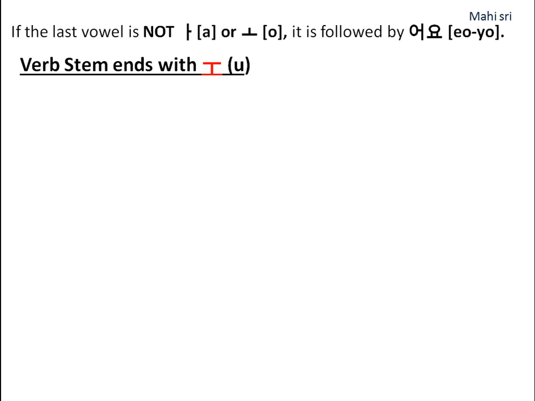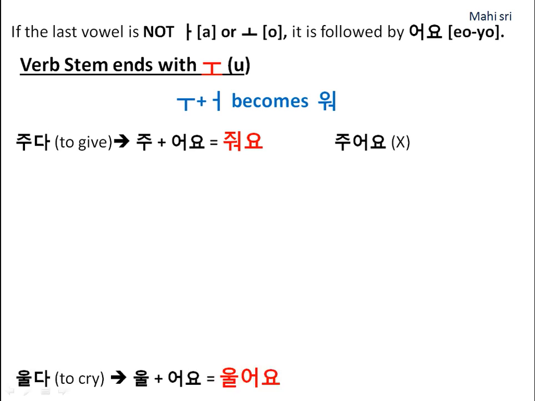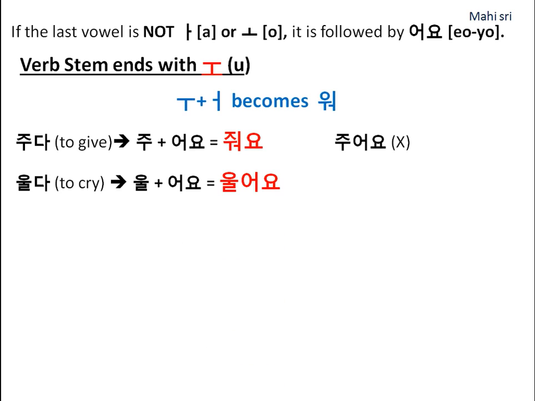And let's see, the verb stems ending with u. So chuda, to give. Chu plus oyo, chuoyo, is wrong, but juoyo becomes a compound vowel like this. Chu plus o becomes cho, so choyo. Okay. Ulda, to cry: uroyo. Here the verb stem ul has a batchim, so it's very easy to conjugate: uroyo.